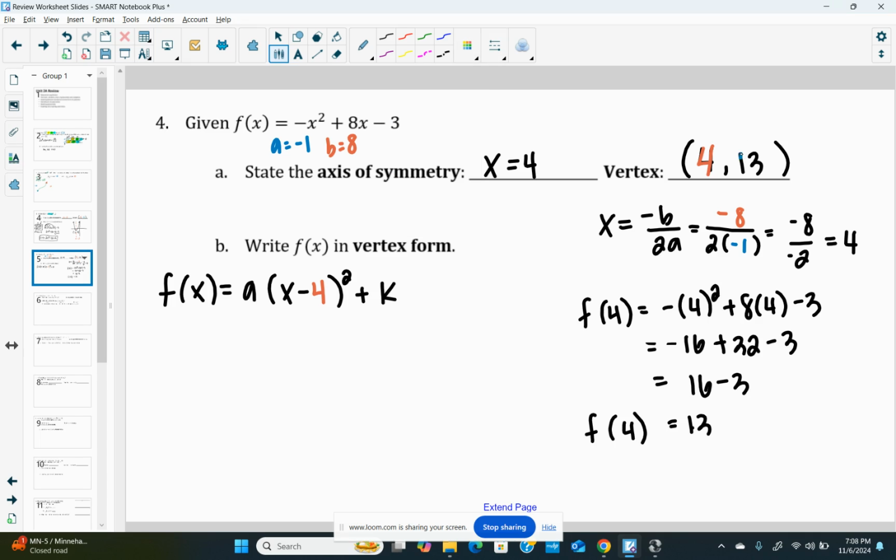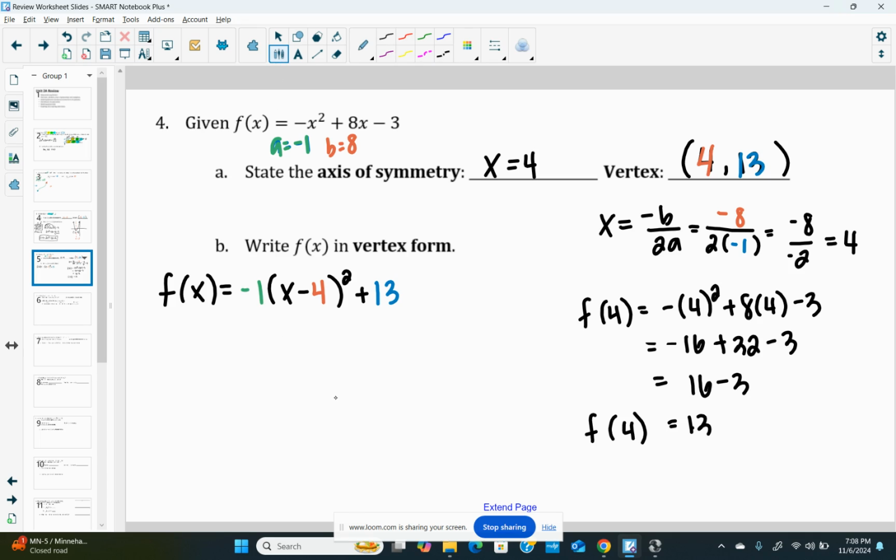Our y value of the vertex is 13, and that's our k value. So our k value is 13. And then the a value just matches the original a value. Okay, so our original a value here was -1. So that's what our a value still is. So this is -1 out here.